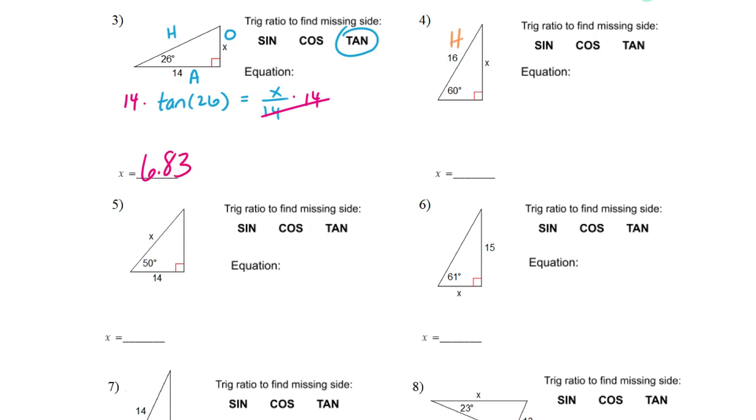On number 4, I have the hypotenuse and the opposite, which means I will be dealing with sine. So I have sine of 60 is equal to x over 16. Multiply by 16 on both sides, and 16 times the sine of 60 in my calculator will give me 13.86.